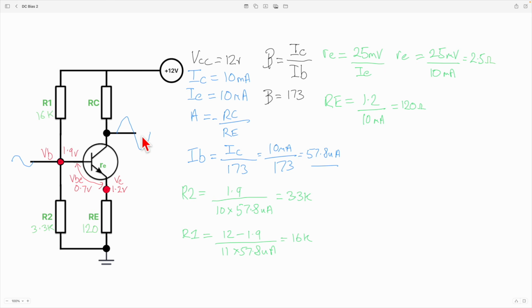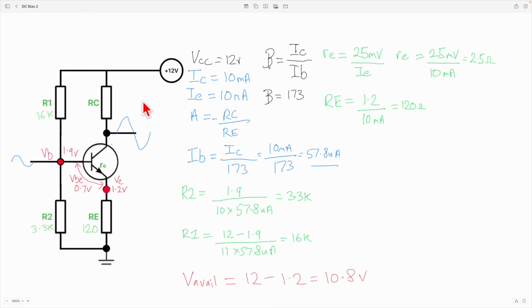And so let's calculate that. Let's call it V avail. That will be the 12 volts that we've got on our supply minus the 1.2 volts that we're dropping over this resistor, which is 10.8 volts. So we've got 10.8 volts available for our waveform to swing through.